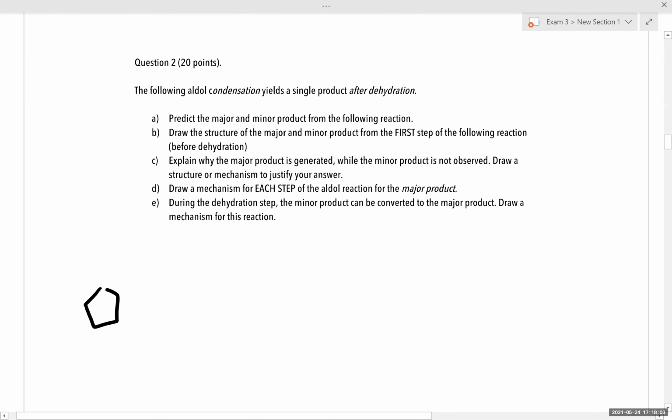So if we have our minor product and we think, great, I'm going to take this compound and try and subject it to dehydration conditions, what will I see? What will happen? Well, first, there's going to be a protonation of our ketone.